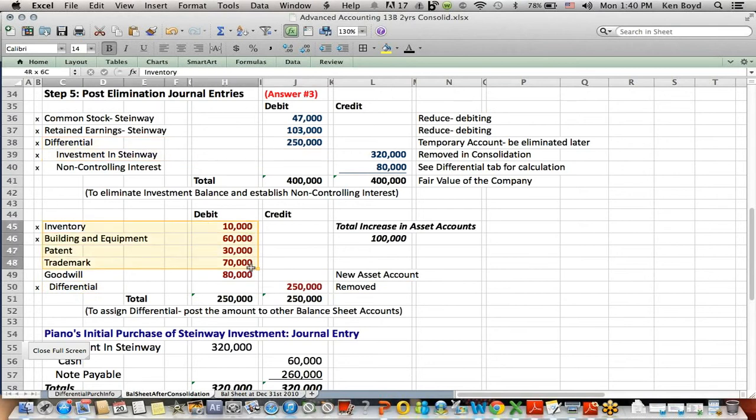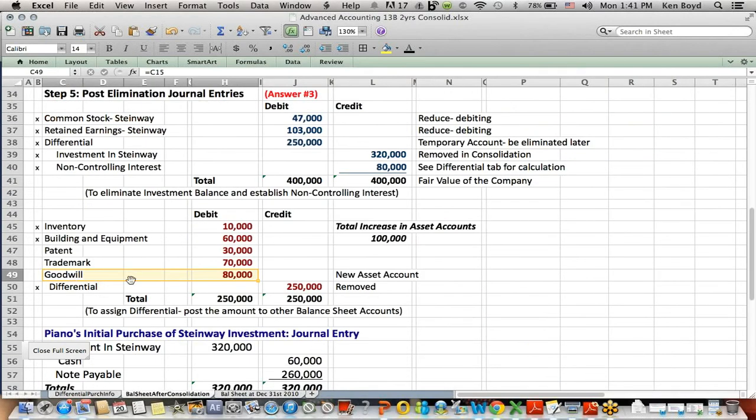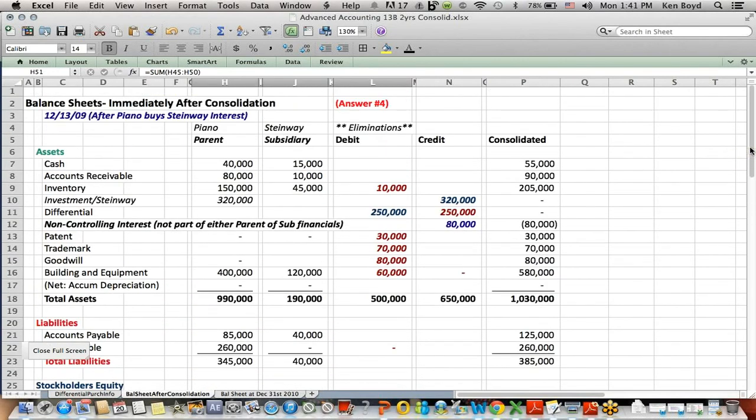We take these asset accounts and we increase them to their fair market value, debits. We create goodwill, $80,000 debit. That was the amount that we had back here. That $80,000, that's going to go to goodwill, so we debit to create a new asset account called goodwill. We take the differential off the books, debits equal credits, and you can see that the entries are up here in brown.